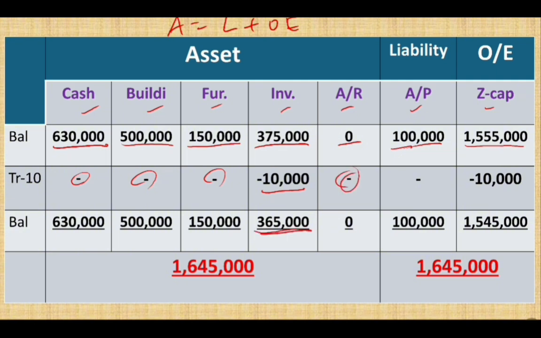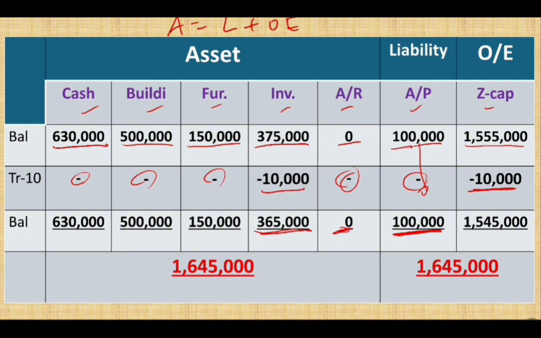It is lost. The balance of inventory after transaction 10 will be 375,000 minus 10,000, 365,000. Account receivable, we don't have account receivable on transaction 10, therefore it is zero. Account payable is not affected on transaction 10, therefore it will have the same amount, 100,000.